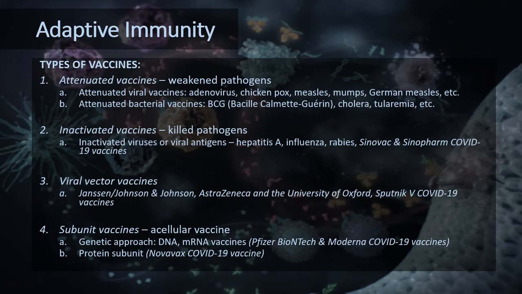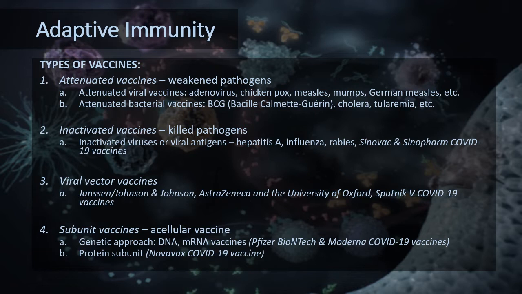Now we will discuss the 7 types of vaccines. First, we have the attenuated vaccines, which utilize weakened pathogens through growing the organism for many generations under various conditions or by exposing it to chemicals or radiation. So this type of vaccine should not be administered to immunosuppressed individuals since it can cause disease even in weakened conditions. So we have the following examples here.